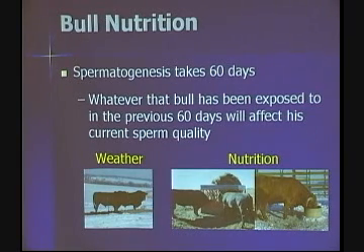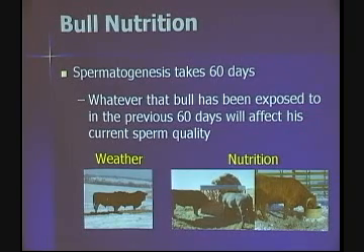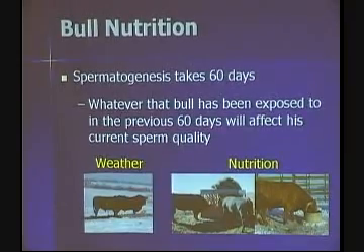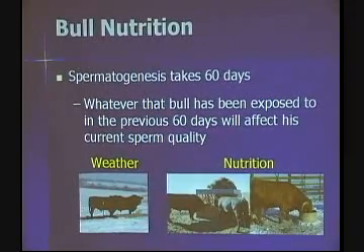And so whatever occurs to that bull during that 60-day period is going to affect the quality of the semen that he produces. So if we get a late spring snow and those bulls are laying on frozen ground, we could have a detrimental effect on the quality of the sperm that they're producing. And we have to think about their nutrition, provide them adequate nutrition and supplementation.